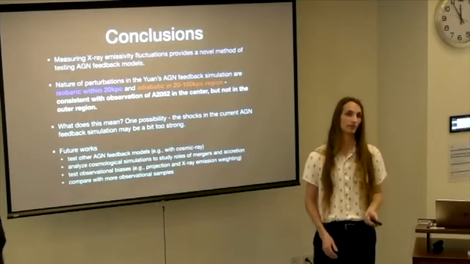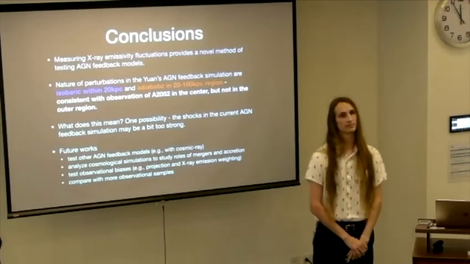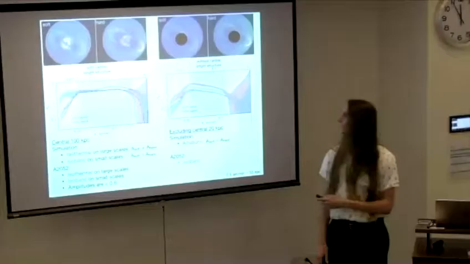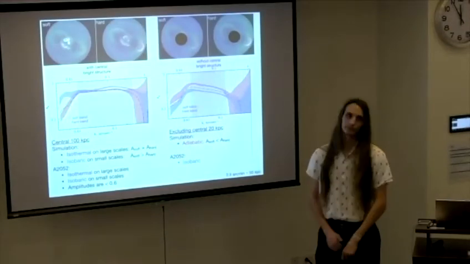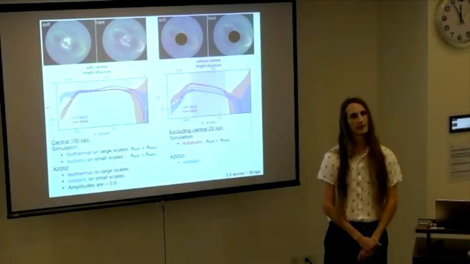I'm not sure if the simulation has more shocks than real clusters on average, because we've only looked at one sample. At the last slide, you mentioned interpreting this isothermal power spectrum analysis as just the overlap of the modes that are adiabatic and isobaric. Right. And then you take out the center. But didn't you say you're only using a very small part of the simulation? Is there some inconsistency there, or am I missing something?